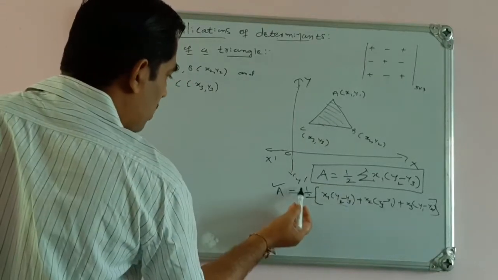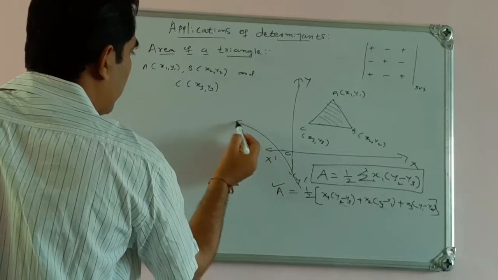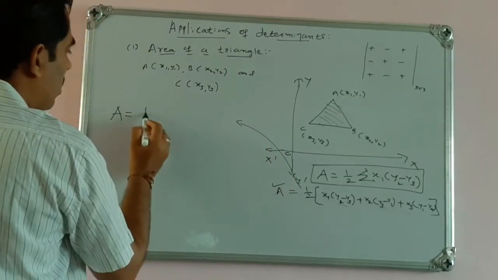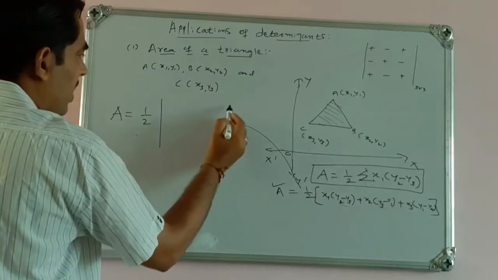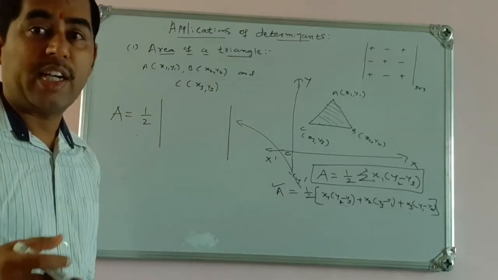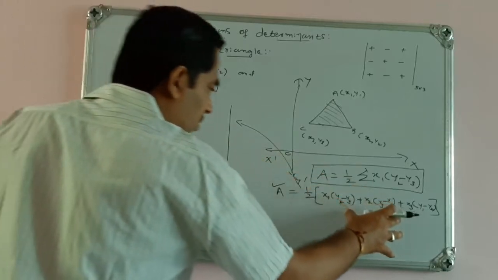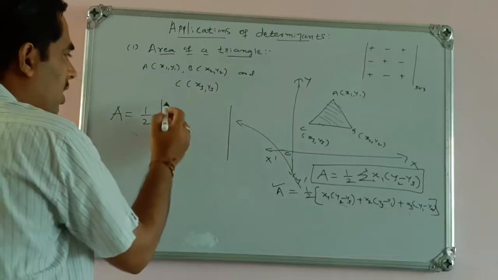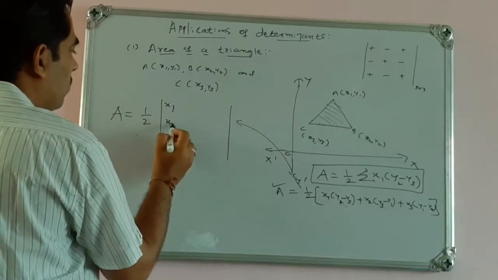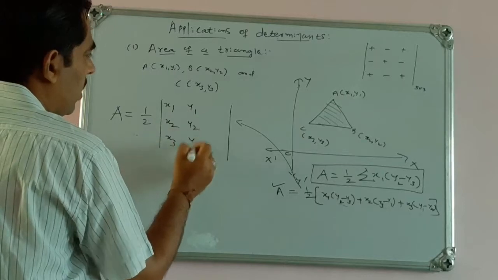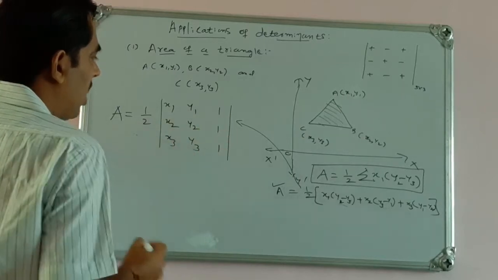The area of a triangle is equal to half into a 3 cross 3 determinant. I will write the determinant here: x1, x2, x3 in the first column, y1, y2, y3, and in the last column 1, 1, 1.